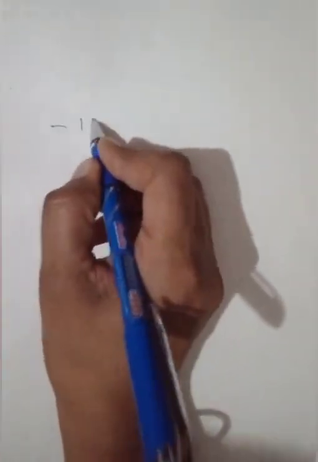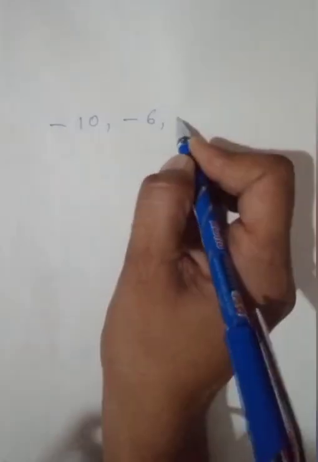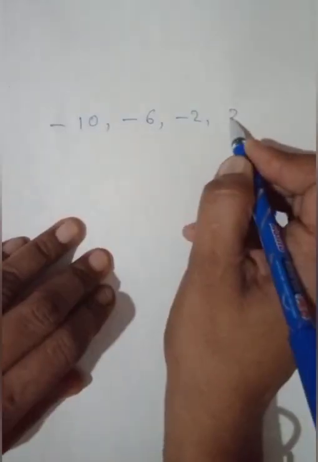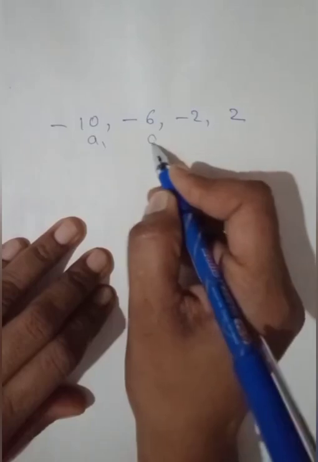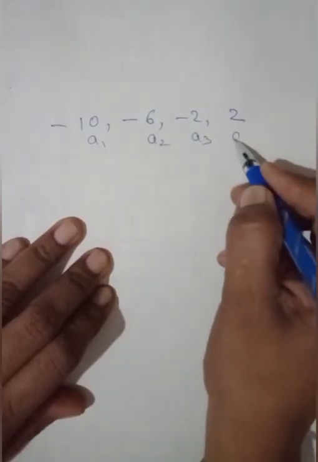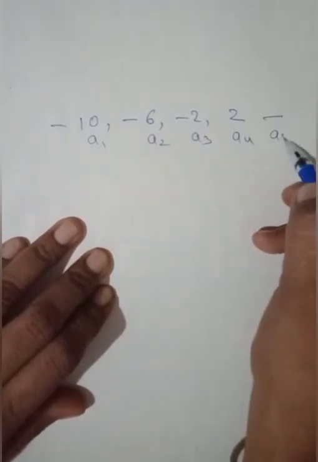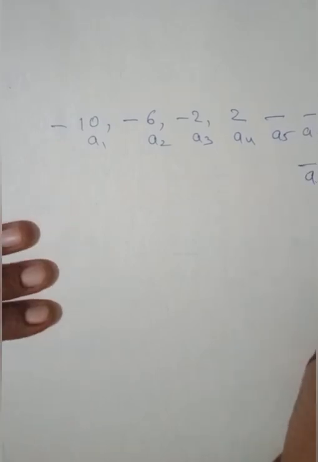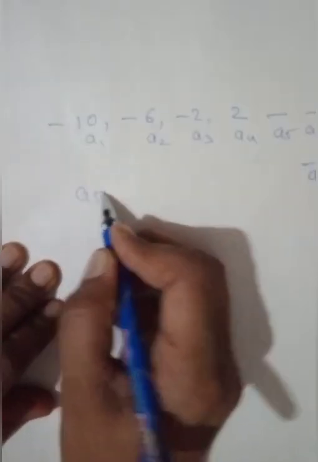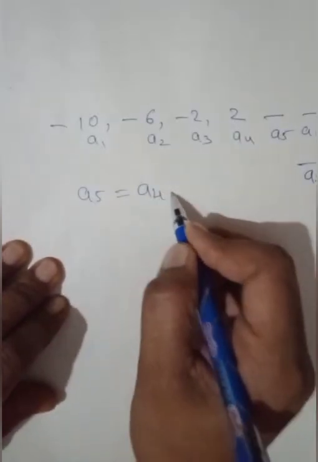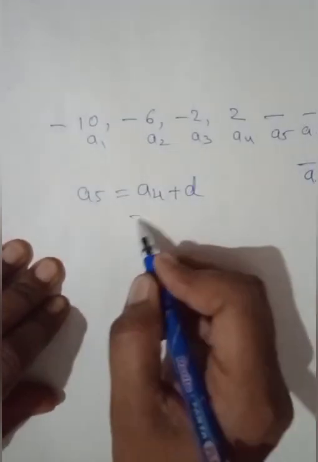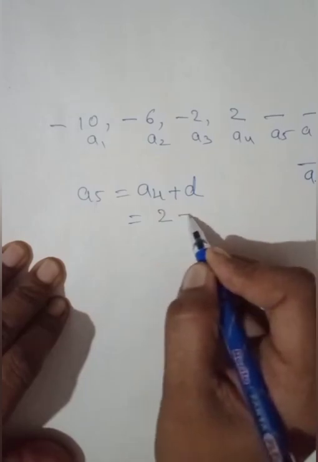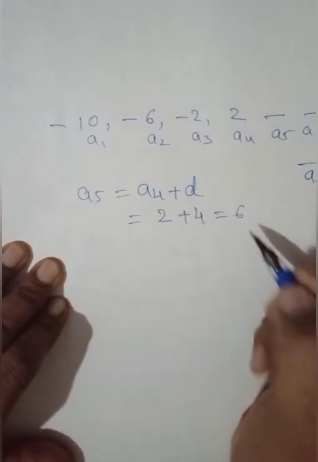See here, I am doing this way. You have the first term as, okay, I am writing once again, minus 10. You have minus 6, minus 2 and 2. Very simple. This is your a1, this is a2 and this is a3 and a4. Next means you are going to find a5, a6 and a7. To get a5, what you are going to do here? a4 plus the difference. So a4 is what? 2, and the difference is 4, which is equal to 6.